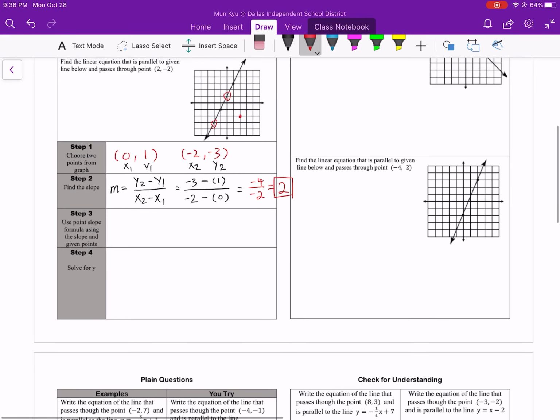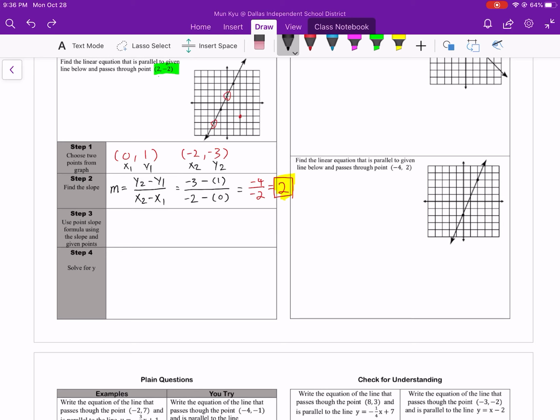Now, step 3 says we have to use the point-slope formula using this slope. But this time, for the x1 and y1, instead of using this one, we will use this one, because the line should pass through this point that is given.